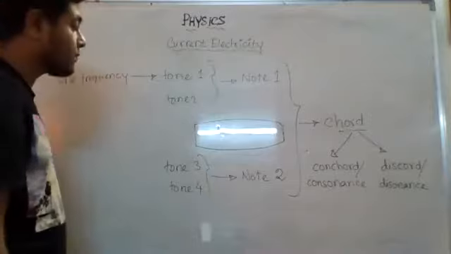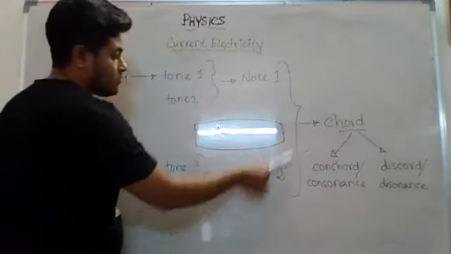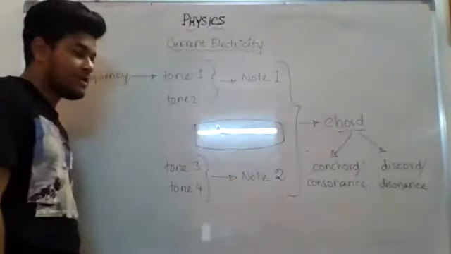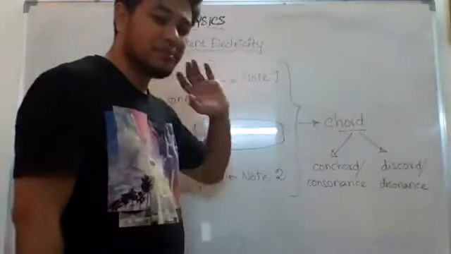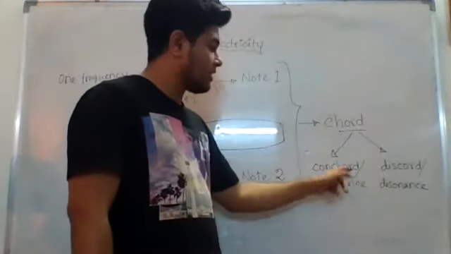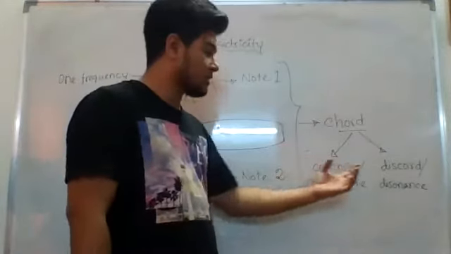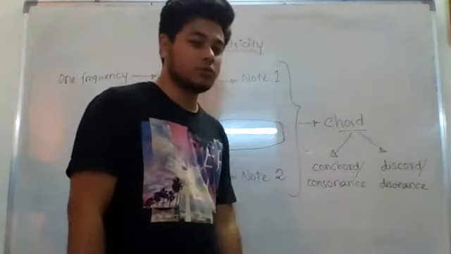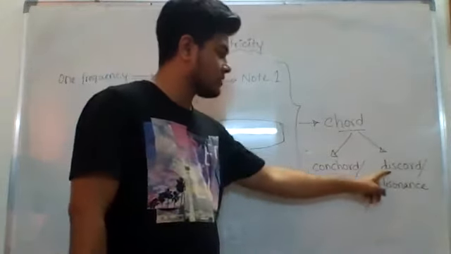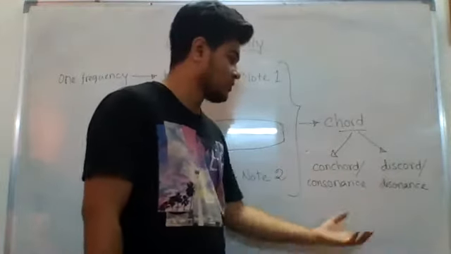Both notes together will form a chord. If this chord is pleasant to hear, I will call it concord, and if it is not pleasant to hear, I will name it discord. Concord can also be called consonance, and the other name of discord is dissonance.